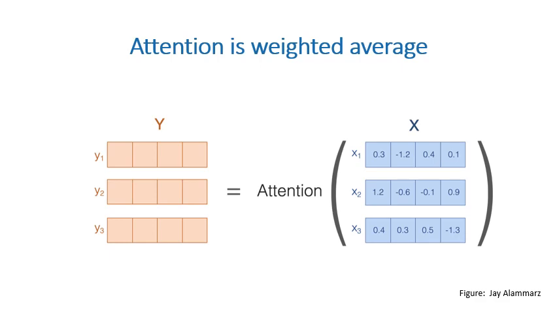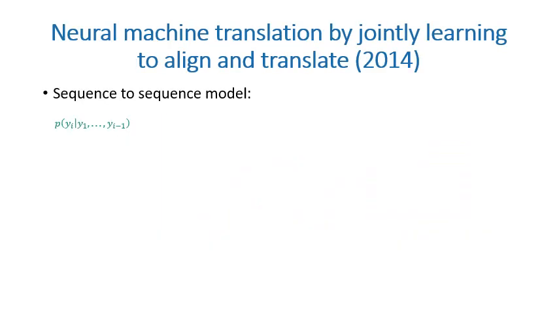So we can think of attention as a function which takes some vectors, computes a weighted average of these vectors, and produces a new vector. There is another set of weights, and another set of weights. That's what attention does.